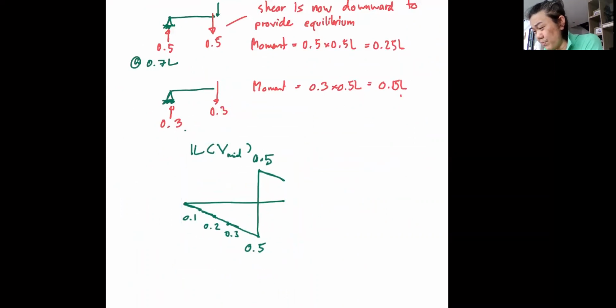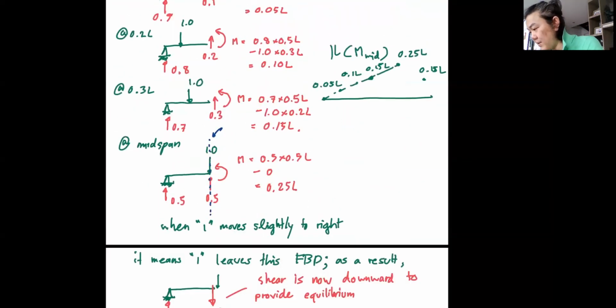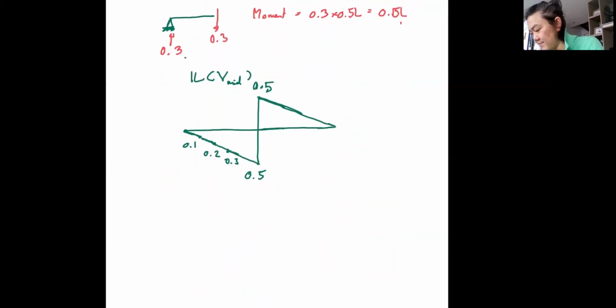Okay, you should be able to predict that the influence line of the shear force at midspan will look like this. And the influence line of the moment at midspan would look like this.